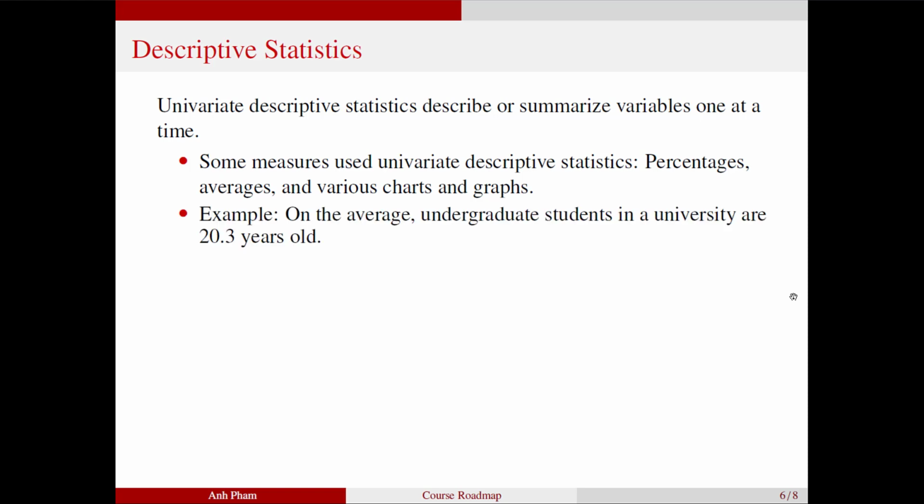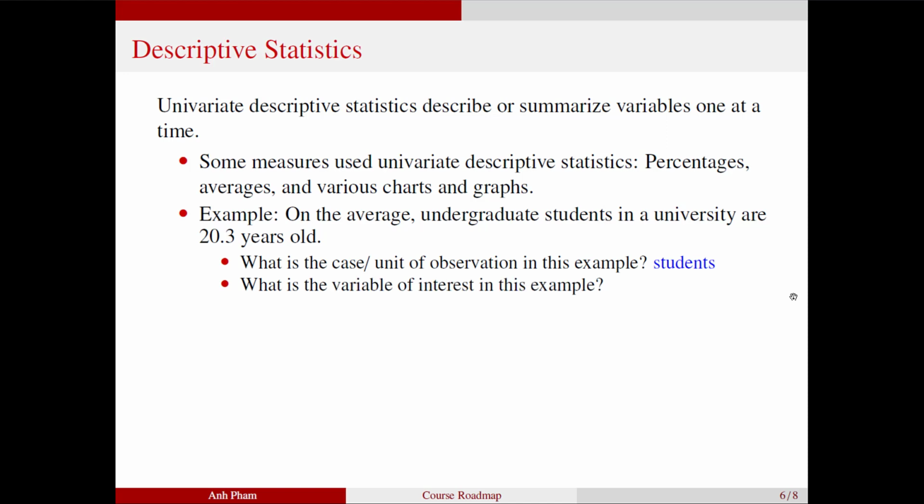Example, let's say on average, undergraduate students in a university are 20.3 years old. So in this case, what is the unit of observation, or what is the case in this example? Pause the video, think about the answer for a moment. So the unit of observation in the example is student. What is the variable of interest in this example?